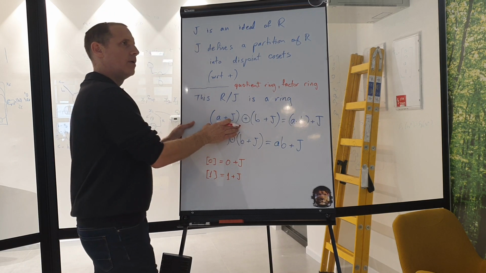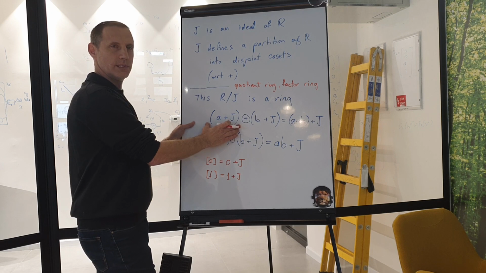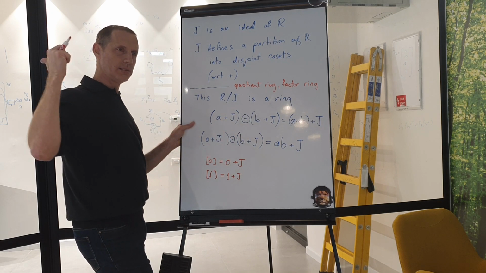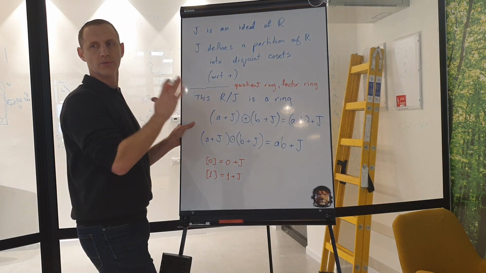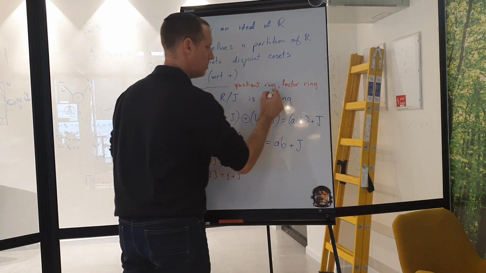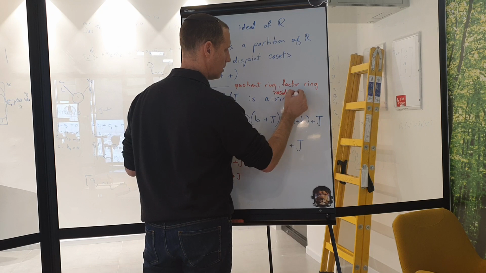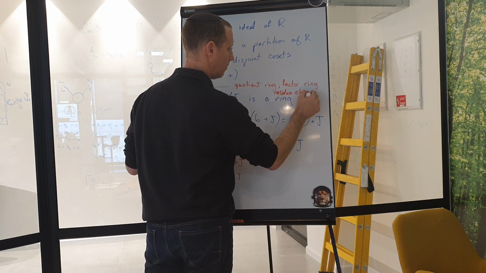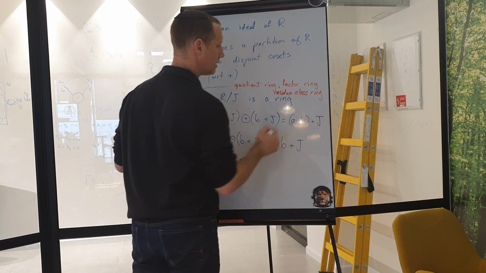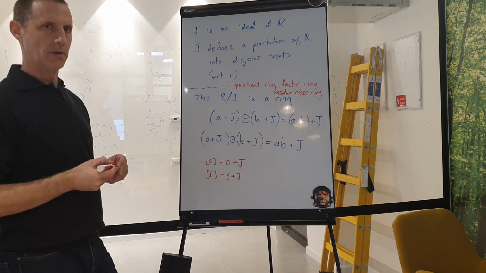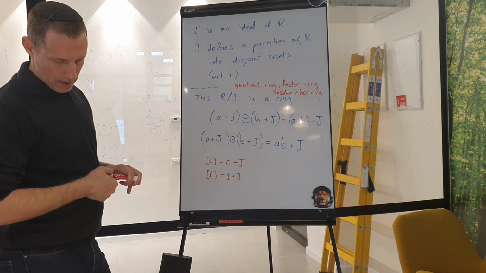You remember we called these equivalence classes in groups. Here they're called residue classes. So this is often called the residue class ring. Okay, so it's got various names. They're all the same.